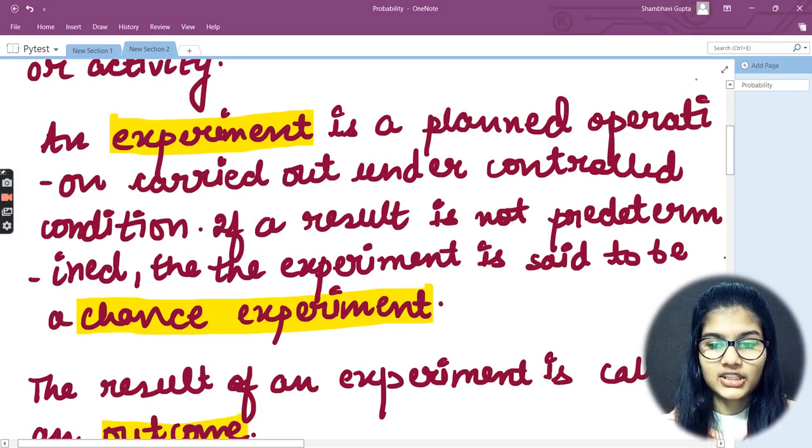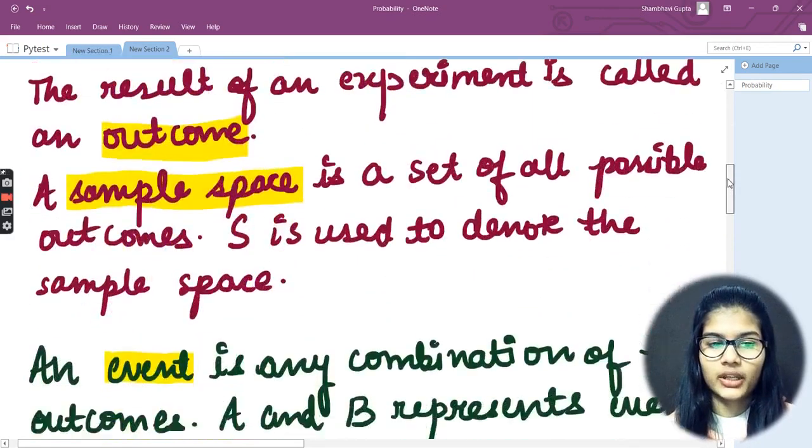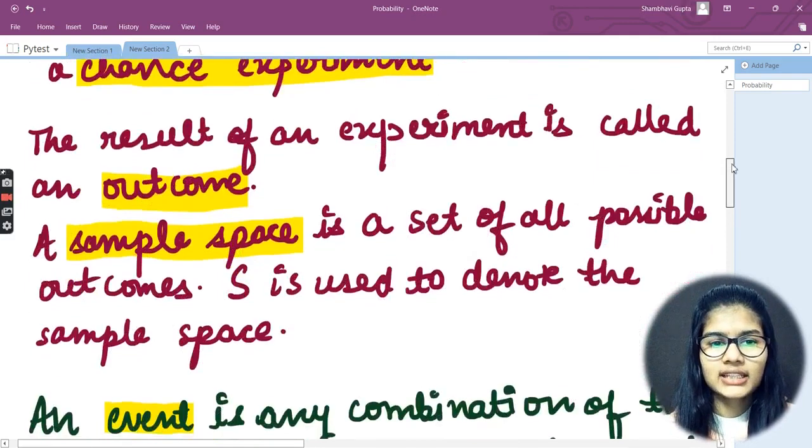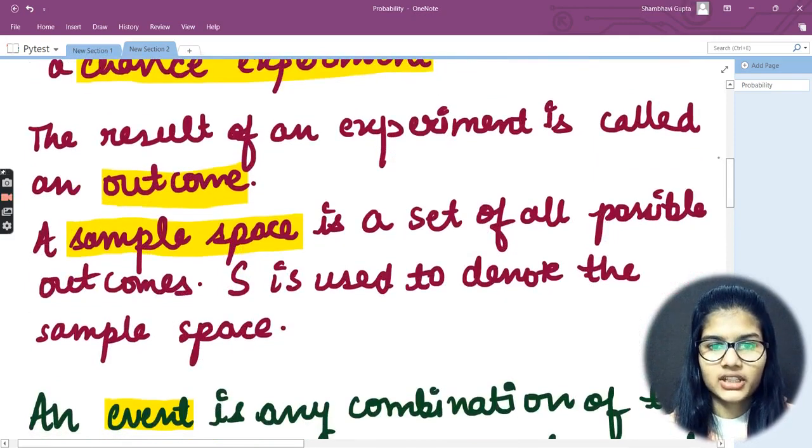If the result is not predetermined, then we say that the experiment is a chance experiment. What we mean by outcome is the result of an experiment. The result of an experiment is called an outcome.